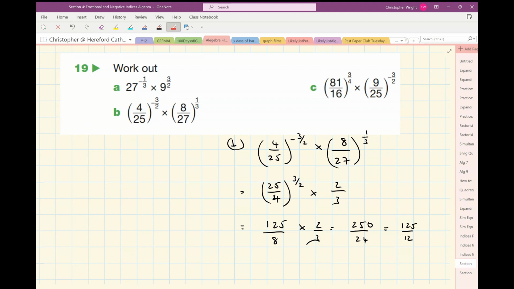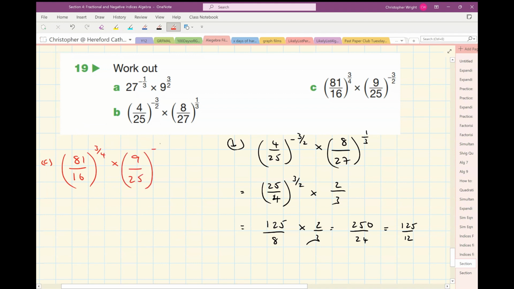Part C. (81/16) to the power of 3/4 times by (9/25) to the power of minus 3/2. Okay. So this first fraction is going to be the 4th root of 81, which is 3, cubed, 27, over the 4th root of 16, which is 2, cubed, 8.